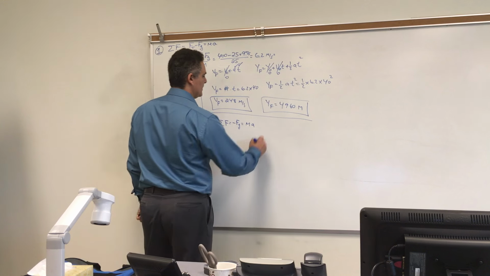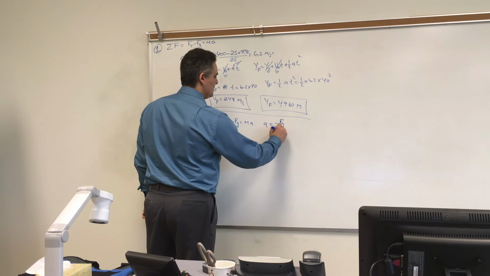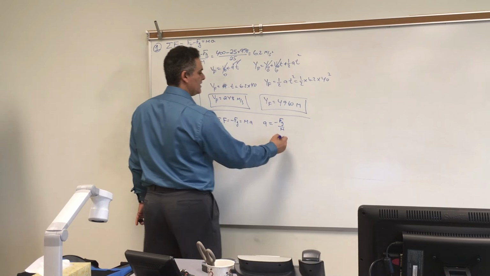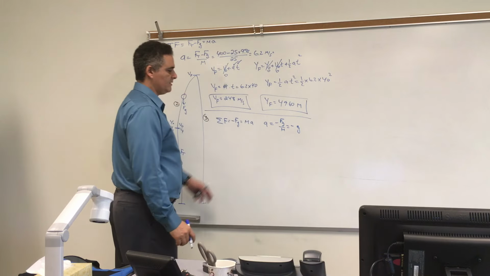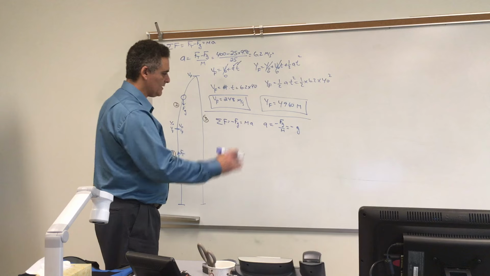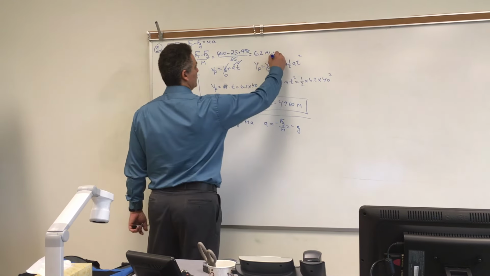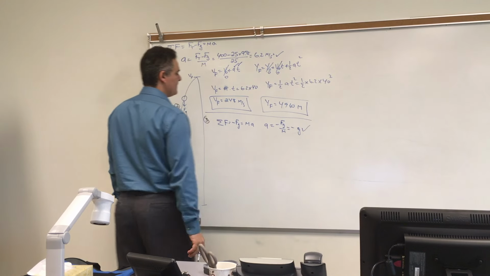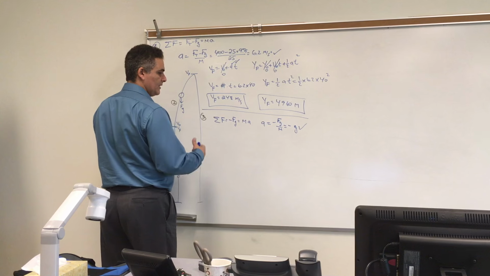I'm going to solve for acceleration, so acceleration is equal to minus Fg over m. And Fg is mass times the acceleration of gravity, so it's going to be minus g, because it's mass times g over m, so the m's cancel. So we found the acceleration: the acceleration is minus g. The next step is to put in the equations of motion.